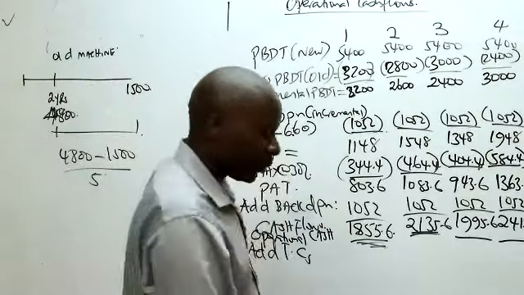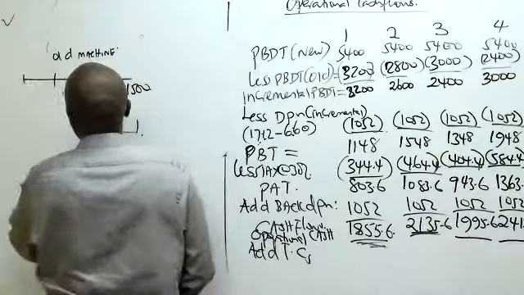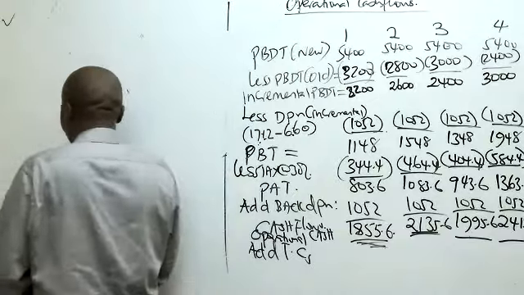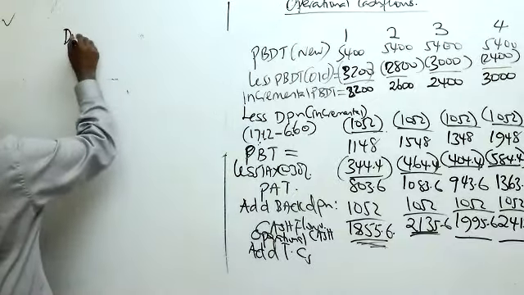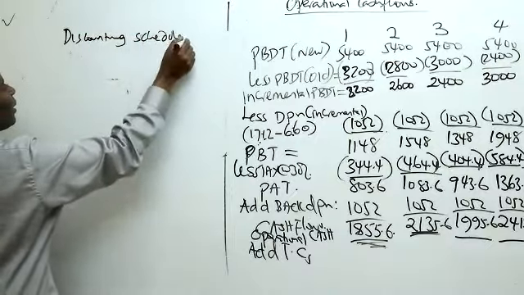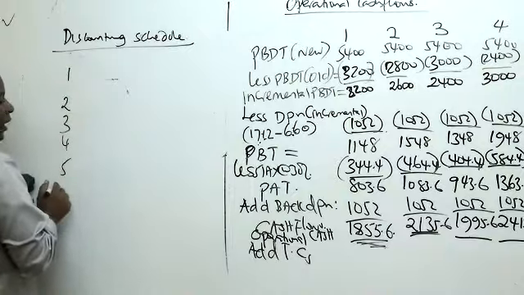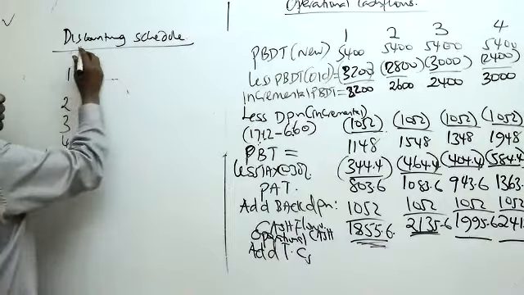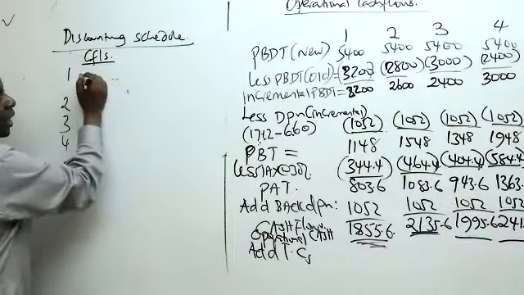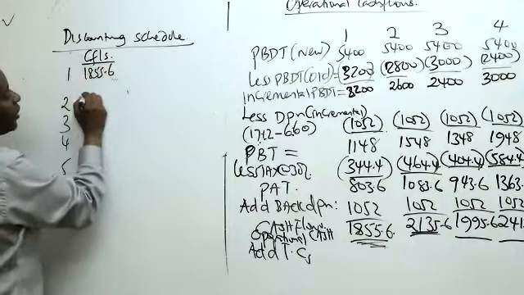Okay, so discounting schedule. Quite easy. Now we have year 1, year 2, year 3, year 4, year 5. Ladies and gentlemen, we have our cash flows, which we need to discount. Cash flow for year 1 is 1855.6.